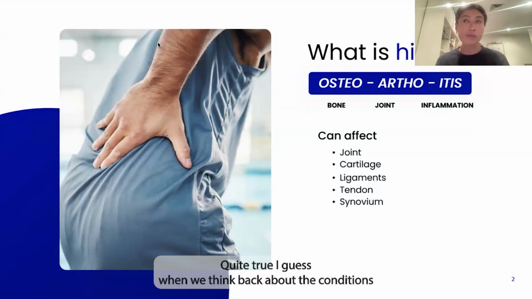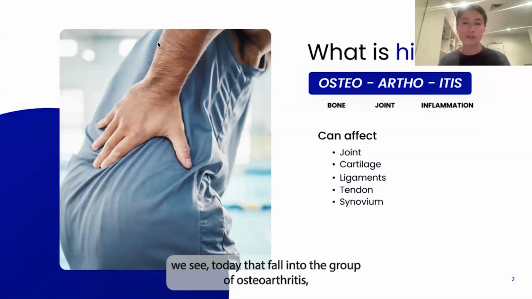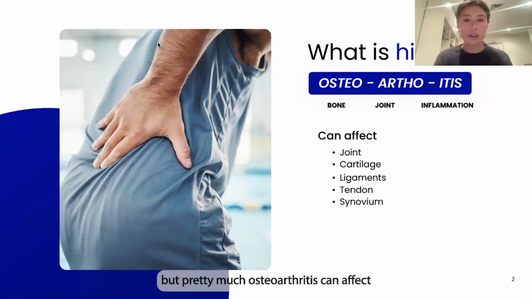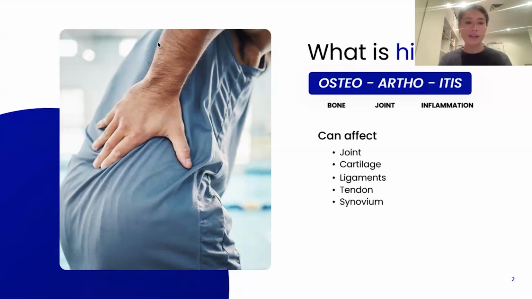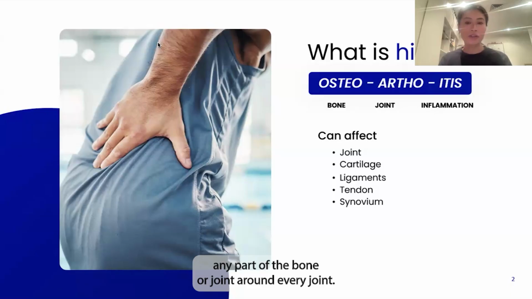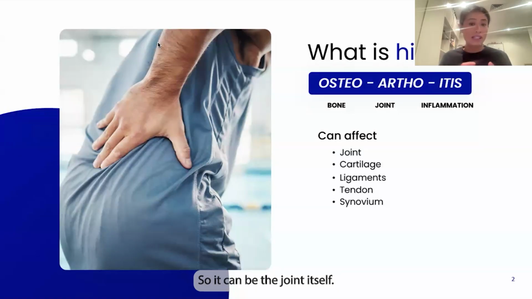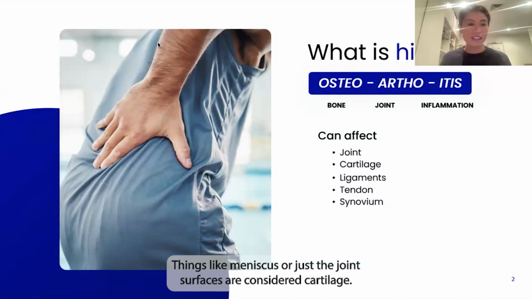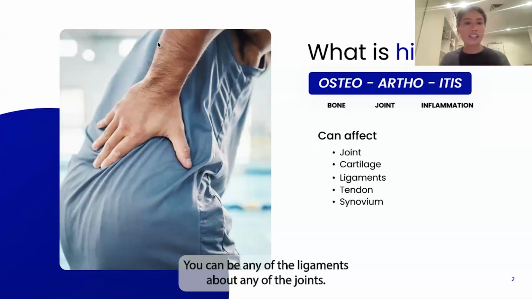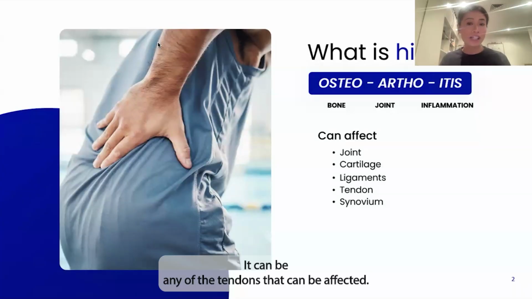Quite true, I guess, when we think back about the conditions we see that fall into the group of osteoarthritis. But pretty much osteoarthritis can affect any part of the bone or joint around every joint. It can be the joint itself, it can be the cartilage, things like meniscus, or just the joint surfaces are considered cartilage. It can be any of the ligaments around any of the joints. It can be any of the tendons.